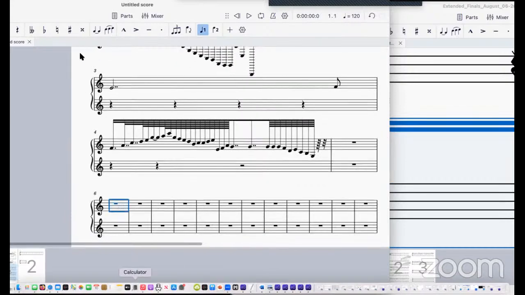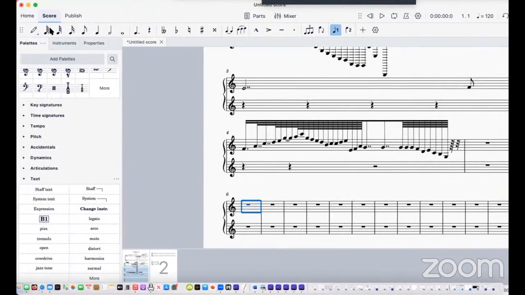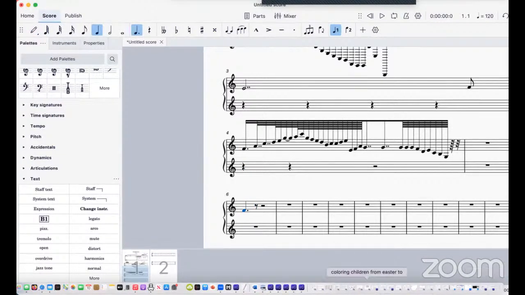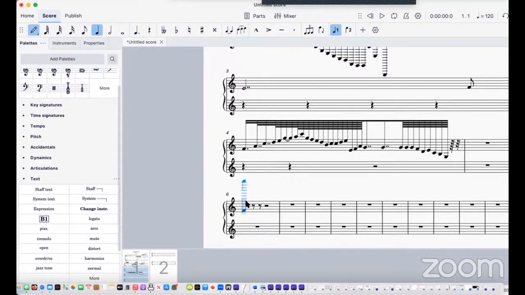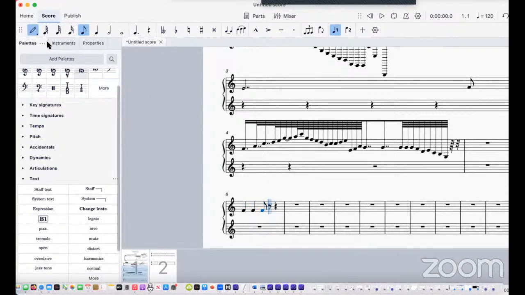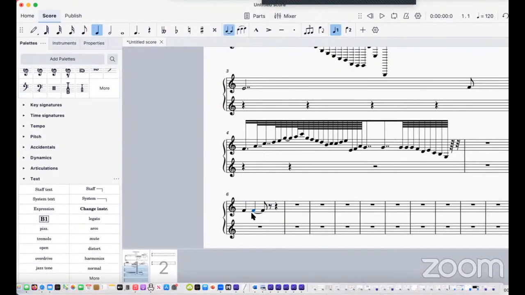I'm going to give an example here of the dots. A dotted quarter note is equal to a quarter note plus 1/8 note with the tie, because the dot increases the duration of the note by half of its duration.